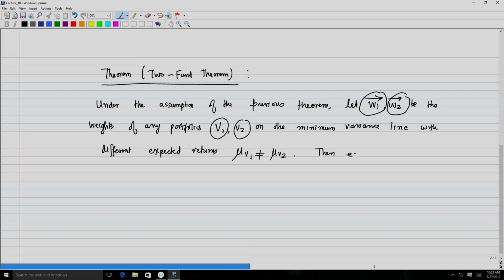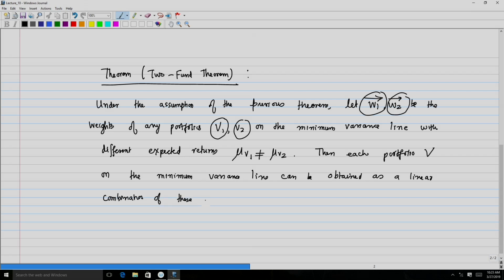Then each portfolio V on the minimum variance line can be obtained as a linear combination of these two.